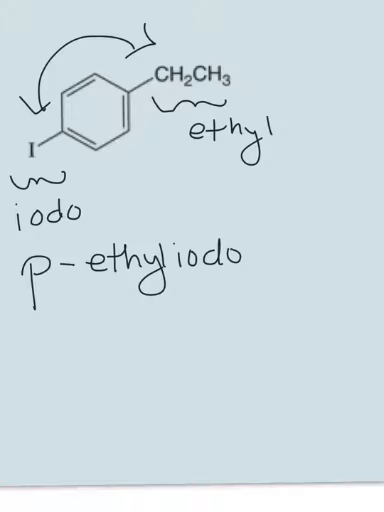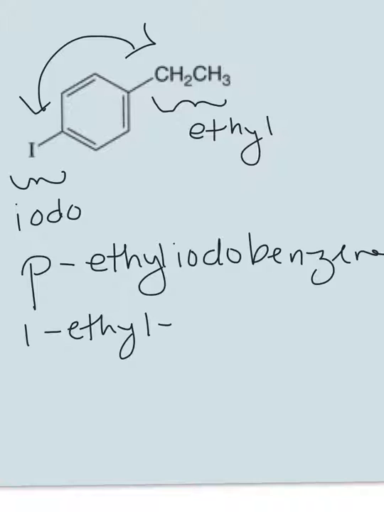Notice there's no spaces or dashes there, followed by the word benzene. Alternatively, you could name this 1-ethyl-4-iodo, I-O-D-O, benzene. And either of those names is perfectly acceptable.